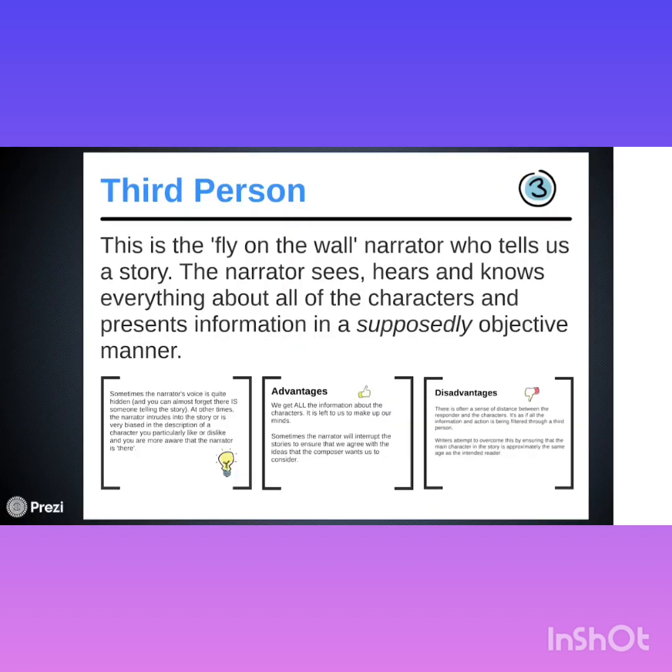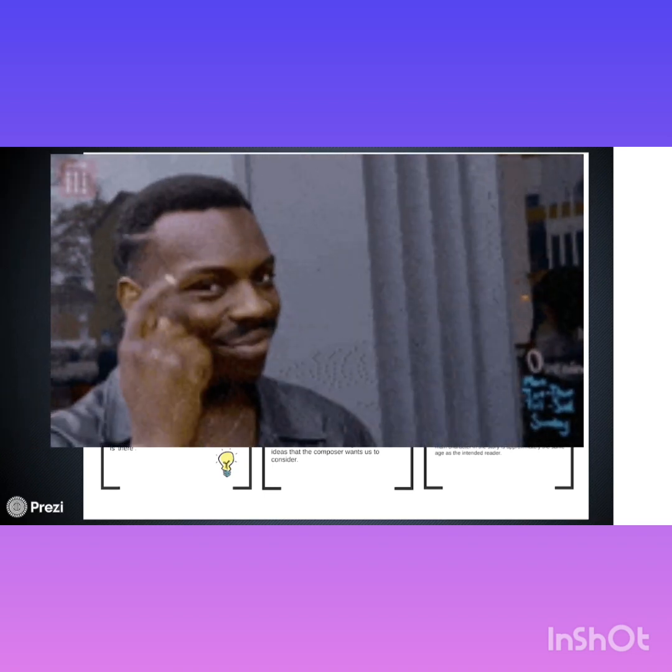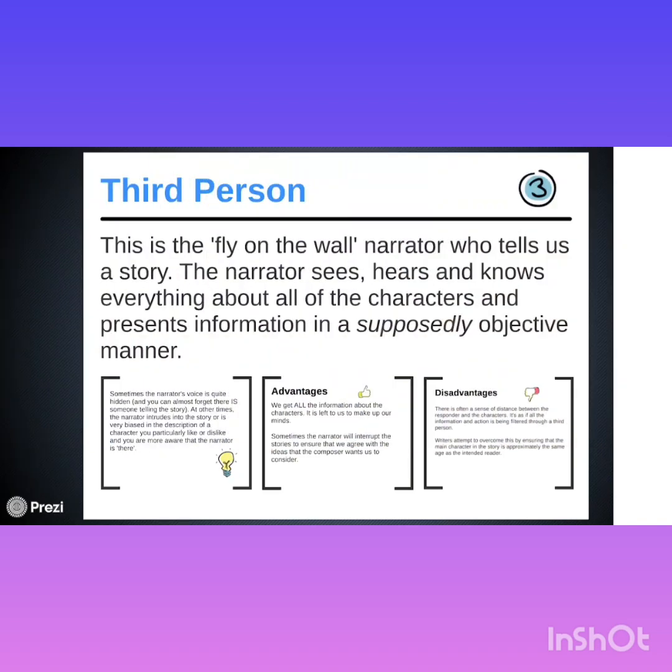We also have third person. This is the fly-on-the-wall narrator who tells us a story. The narrator sees, hears, and knows all about the characters and presents information in a supposedly objective manner. They're often called omniscient, which means all-knowing.